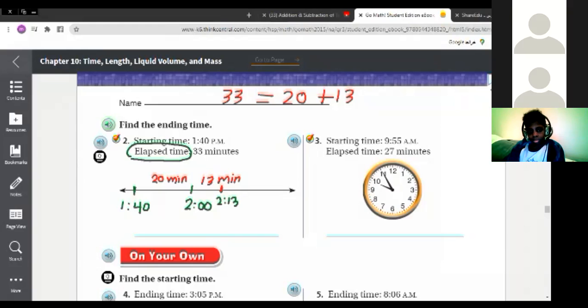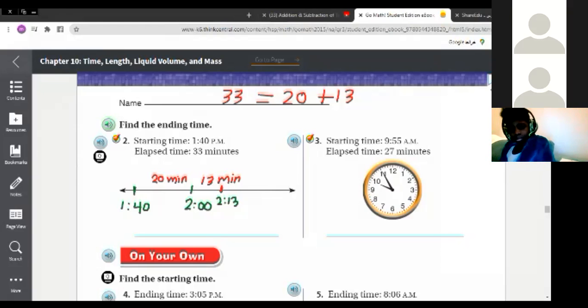Again. The starting time here is 1:40 p.m. So I put it in the number line, as you see. Then I have to add to 40, 33 minutes. Just take from the 33 minutes, take 20 minutes and add it to 40 to get 2 p.m. Why did I add 20 minutes?